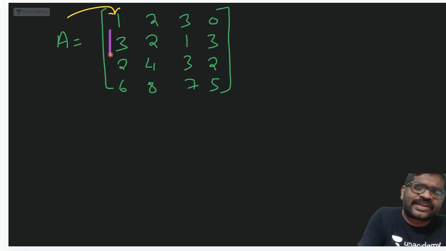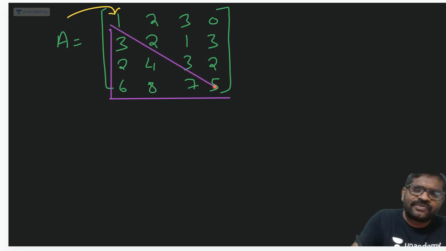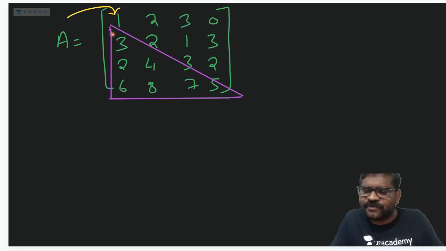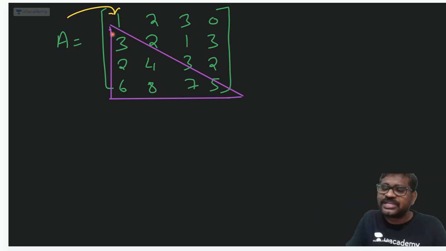Form a right angle triangle which covers 1 element in the 2nd row, 2 elements in the 3rd row, 3 elements in the 4th row. Whenever the 1st row, 1st column entry is non-zero, start a right angle triangle from the second row.